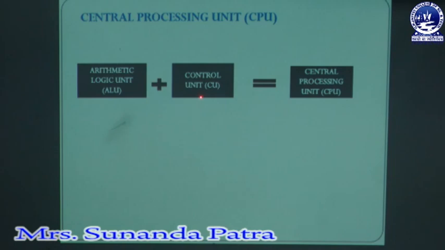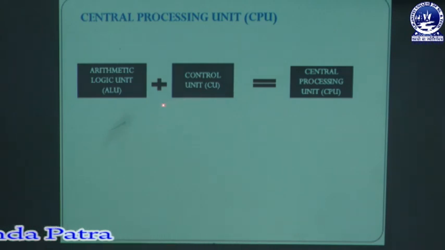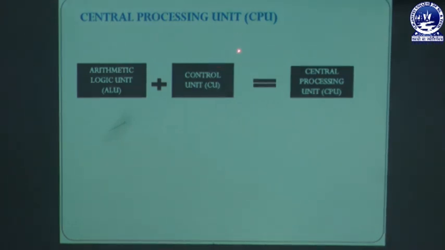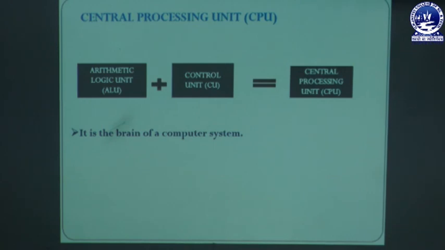The control unit is responsible for managing and coordinating all other components like your input unit, output unit, storage unit and all. So by combining the ALU and CU, we have our central processing unit, which is the brain of a computer system.